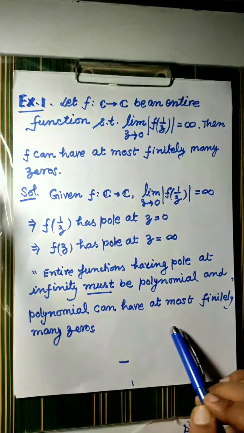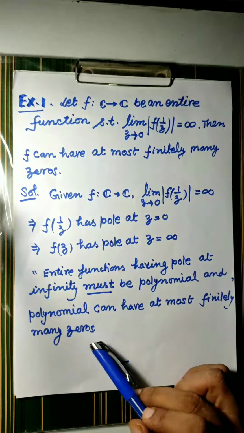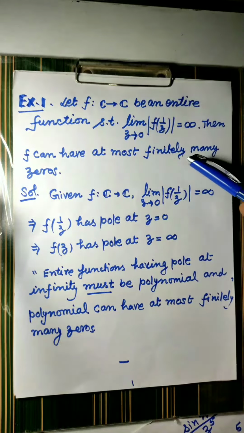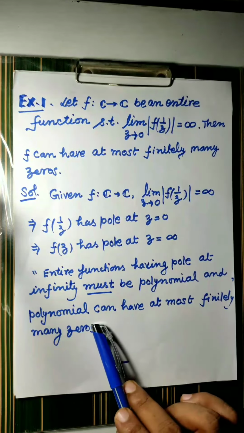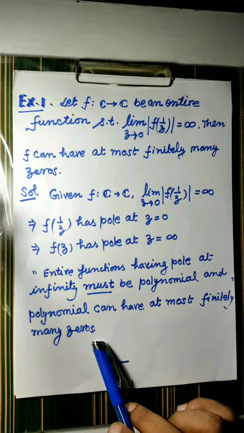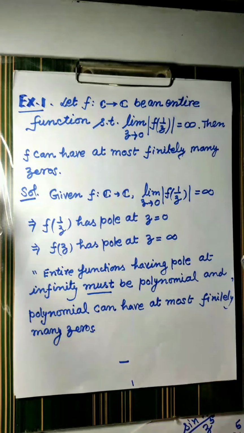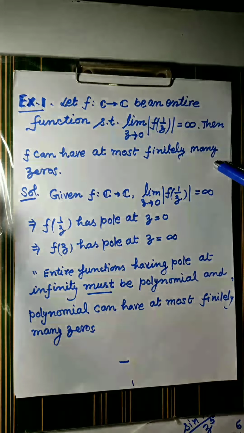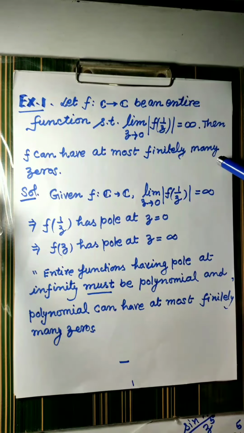And a polynomial can have at most finitely many zeros. So we can say this statement is true: f can have at most finitely many zeros. If there are many options, you can check and solve easily.